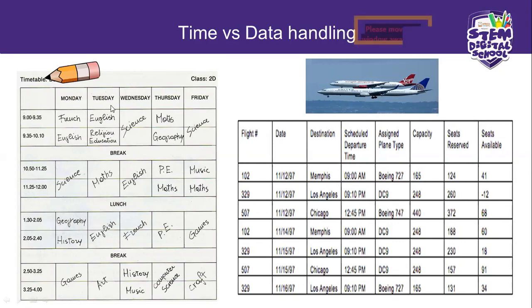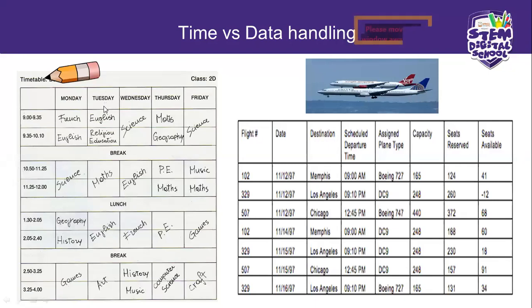So you'll see in this timetable, the way it is labeled, it's Monday, Tuesday, Wednesday, Thursday, and Friday. And then also the times, from what time to what time, okay? And that is the subject. So this is how we would read it. On Monday, from 9 o'clock to 9:35, this learner is attending French.